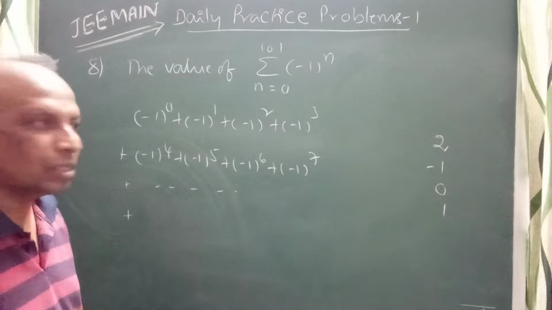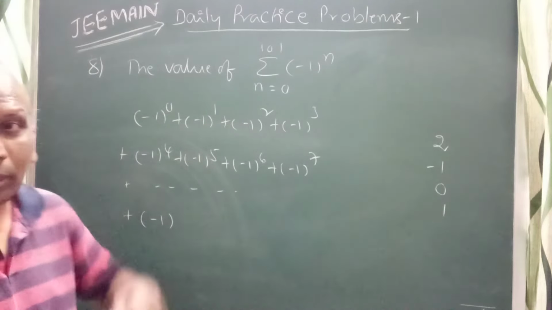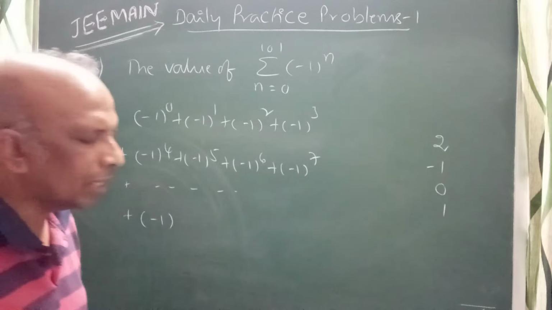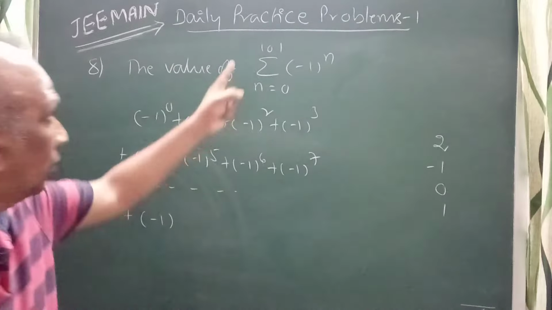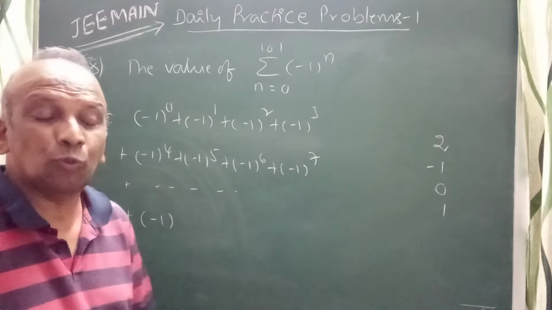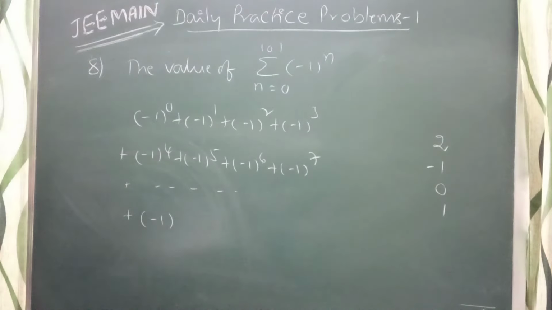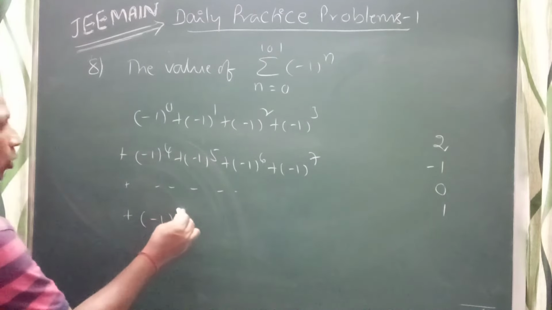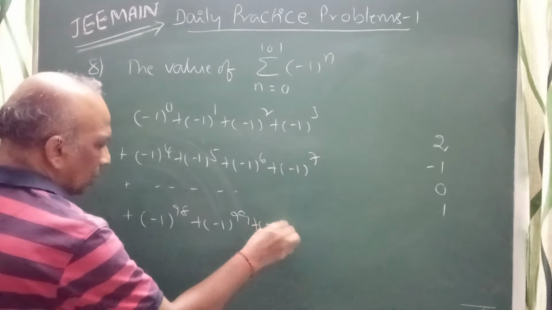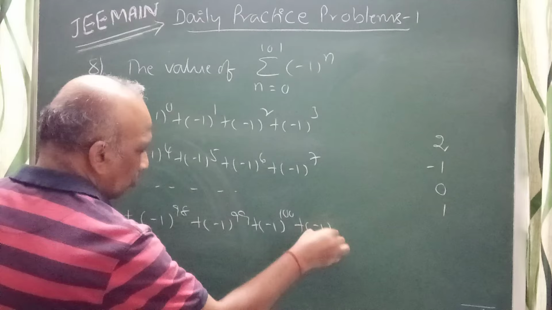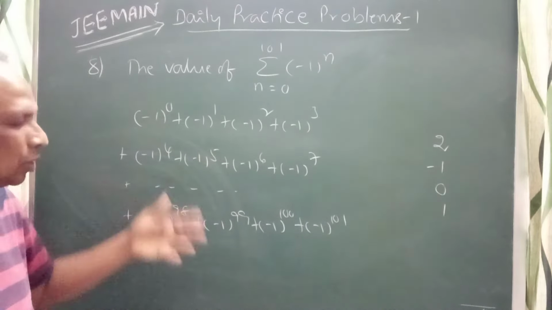At the end, since it goes up to 101, I can consider the last 4 terms: minus 1 whole power 98, plus minus 1 whole power 99, minus 1 whole power 100, minus 1 whole power 101. I have taken 4 terms for each group to understand this.